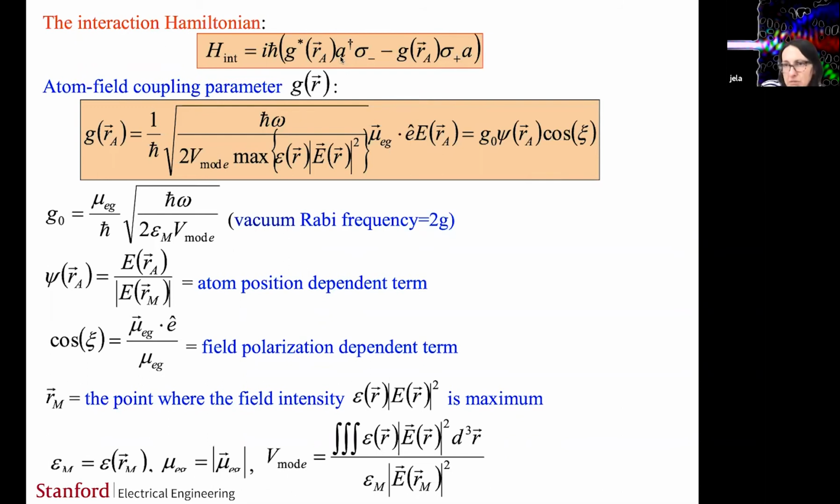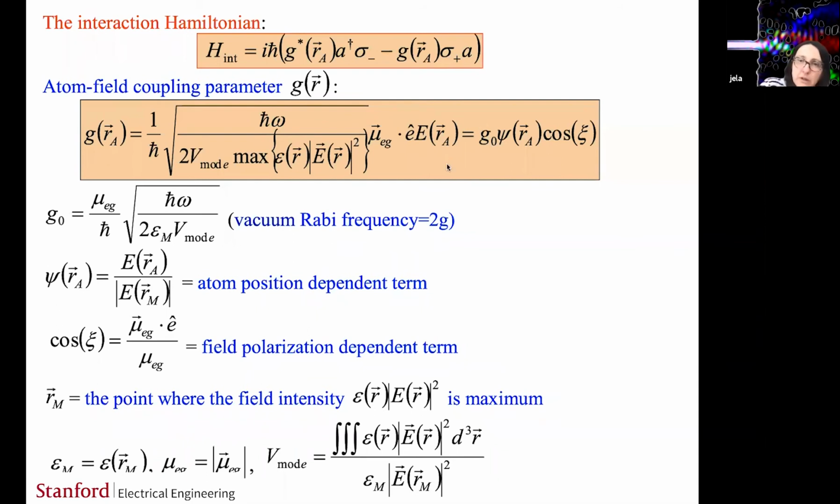If G is 0, there is no interaction, no matter what the field looks like, right? So if you put your atom into a position inside of the resonator where the electric field is 0, would there be any interaction? No, it would be 0, because E of r_A would be 0, right? So then the whole thing disappears.